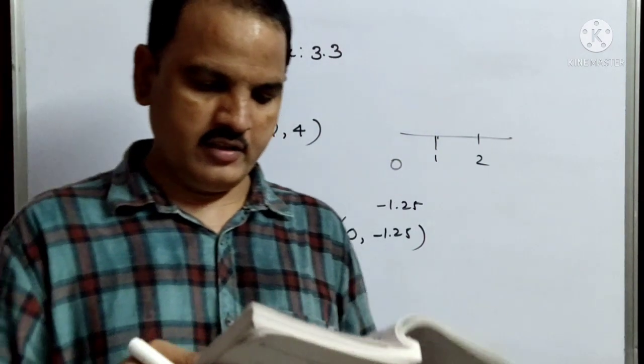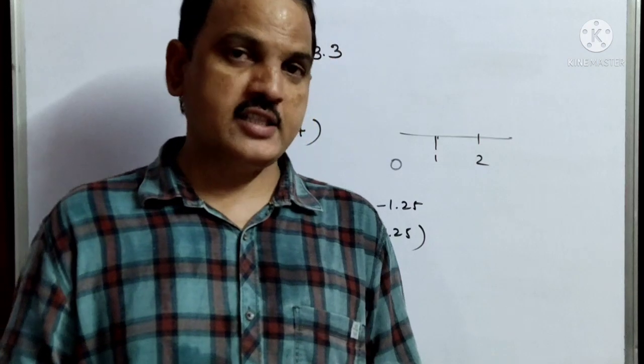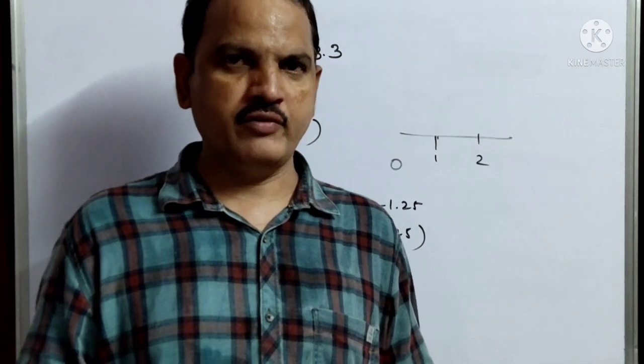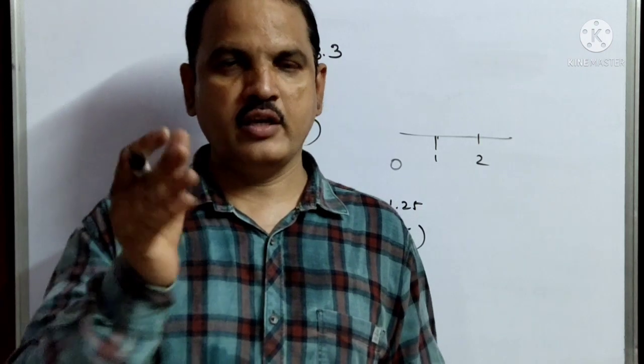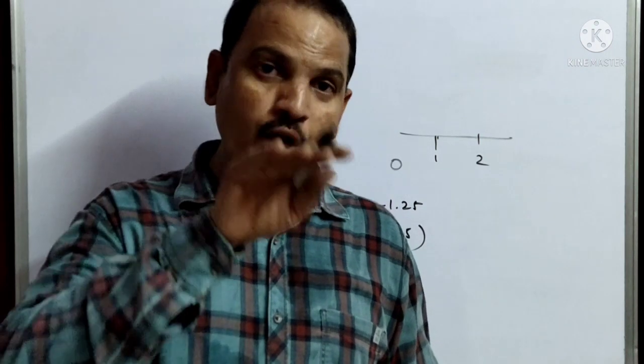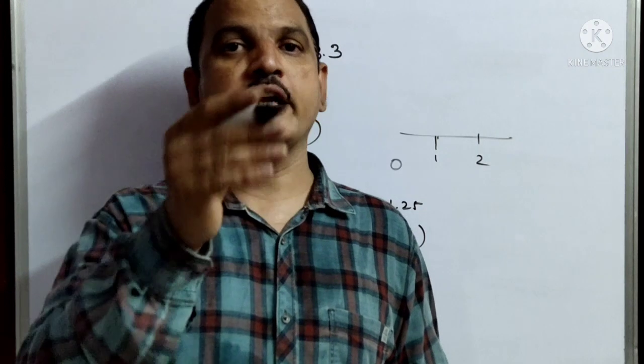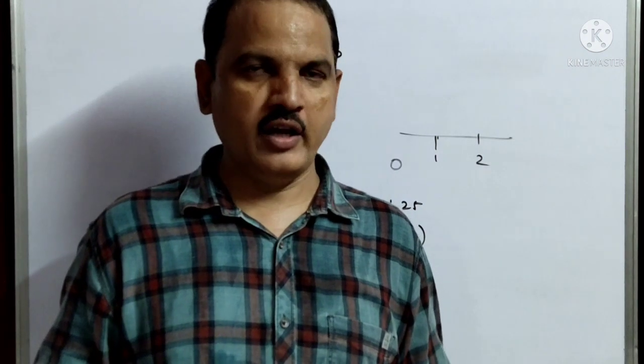And even exercise 3.2 second Roman numeral, you left. In this video I explained at the start how to plot the points, and how to write the points when they are already given. Suppose A (3, 2), I explained like that.